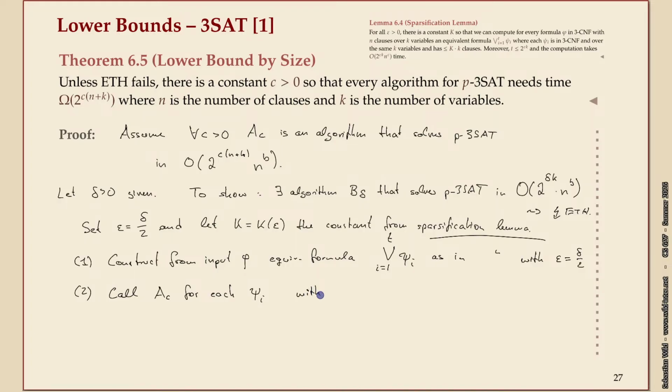I just have to tell you what this constant c is. Again, the way I'm presenting the proof is the final result of what you do. Normally, you would just leave that and work out backwards what the constant should be. It turns out it works if you set it to delta over 2 times k plus 1. It's capital K from the sparsification lemma. And obviously, if any of those is satisfiable, then we return true. If all of them are unsatisfiable, we return false.